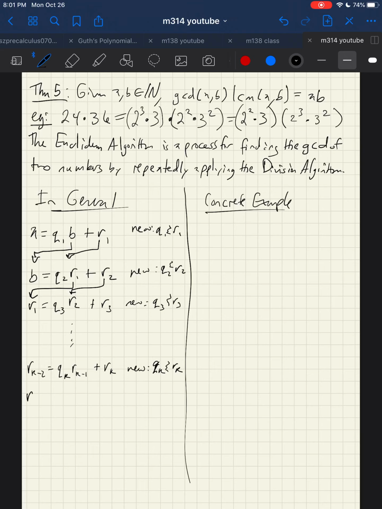Well, it depends on what the next stage is, and that's R sub k minus 1 equals Q sub k plus 1, R sub k plus 0. So we keep shifting things over and doing the division algorithm until we get to the point where there is no remainder. And when we get to the point where there's no remainder, that means that this was our GCD.